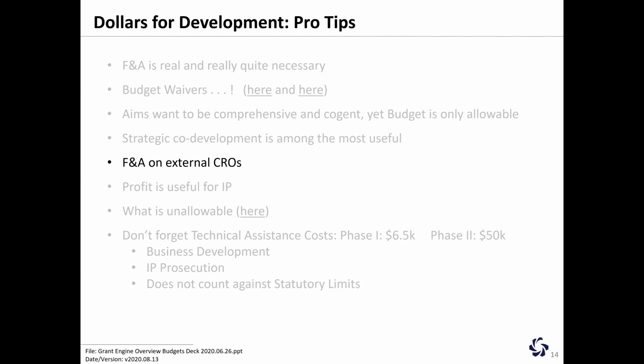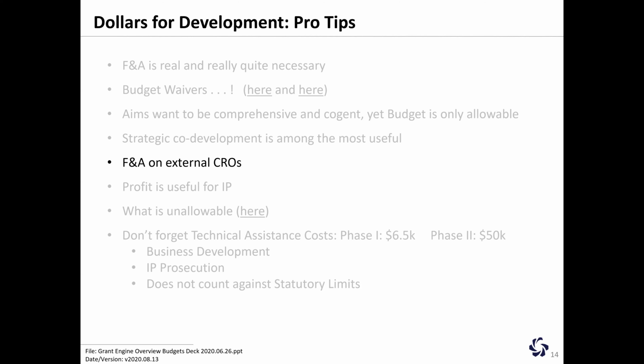For external CROs that are contractors, so contract research organizations, you charge F&A on top of those. So sometimes a very small company with one or two or three senior members on the team, the question is, well, how do I pay for $1 million worth of total cost internally on a $2 million SBIR?